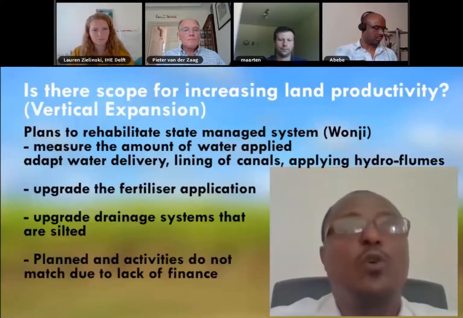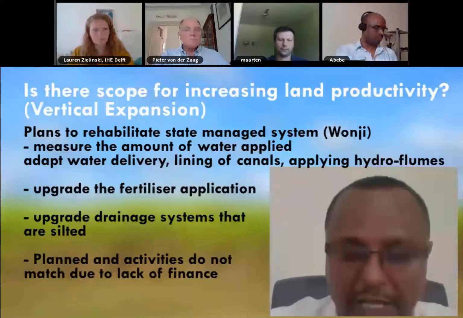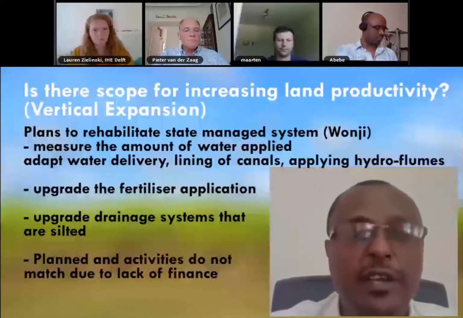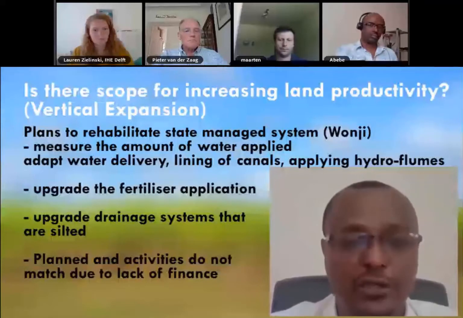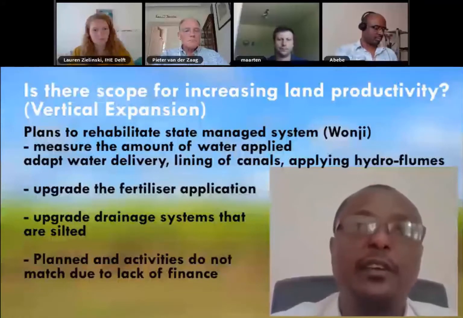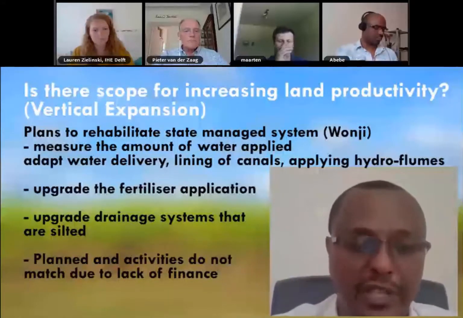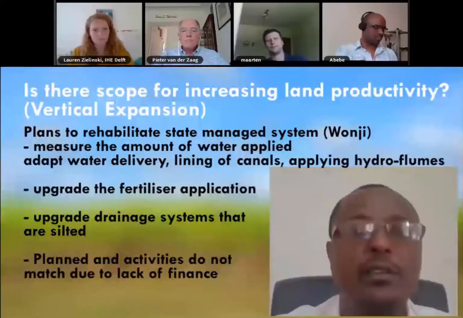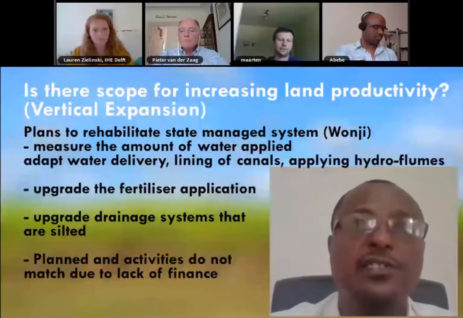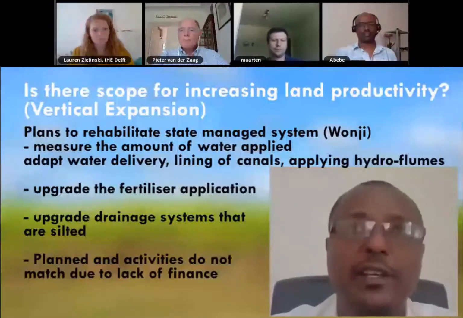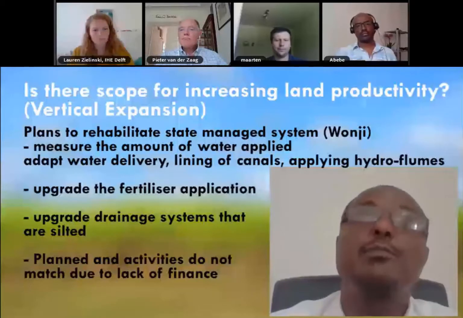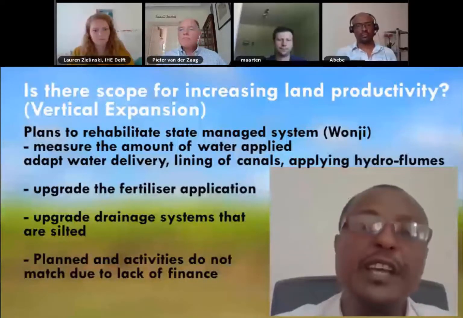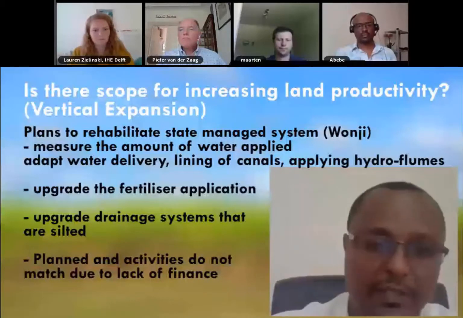In the state-owned farm, the company itself arranged a rehabilitation project to rehabilitate the whole system: the irrigation, the mechanization, every system. That rehabilitation project increases the land productivity by a certain amount.